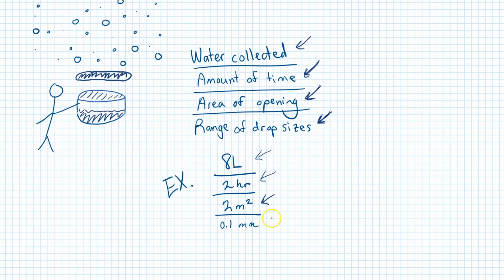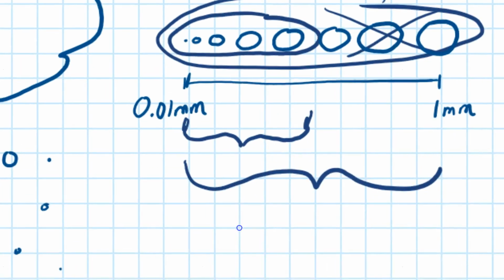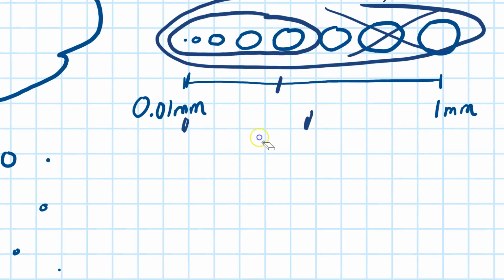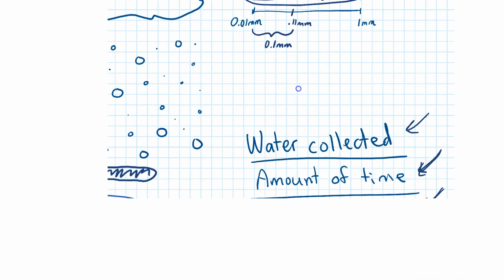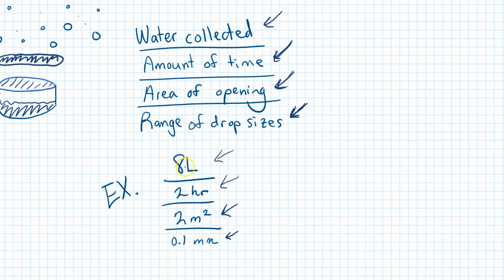So let's say that coming back up to this, you let in drops from, I don't know, here to here. So let's say this was 0.11 millimeters, and so I just subtract these two to find the range of drop sizes to be 0.1 millimeters. And so let's pretend that was my range. And so this is how much water I collected for every 2 hours over an area of 2 square meters over a drop size range of 1/10 of a millimeter.